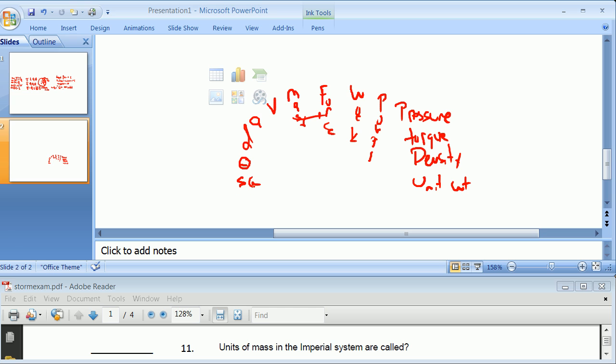And remembering there are 13, I might say 12. 1, 2, 3, 4, 5, 6, 7, 8, 9, 10, 11, 12, 13. Unit weight is across from specific gravity.